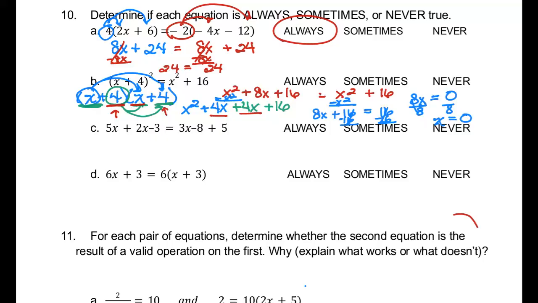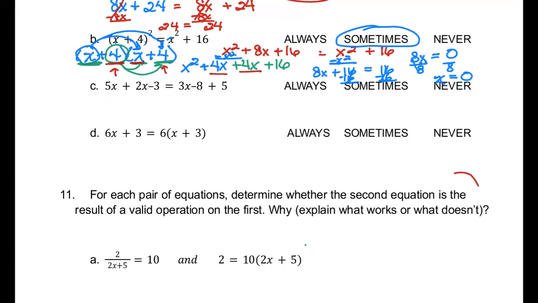That's a sometimes, because x is equal to a value that works, and that value in this case happens to be 0. And when you substitute it in, 0 plus 4 gives you 4. 4 squared is 16. 0 squared is 0. 0 plus 16 is 16. Yes. Give me just a minute.